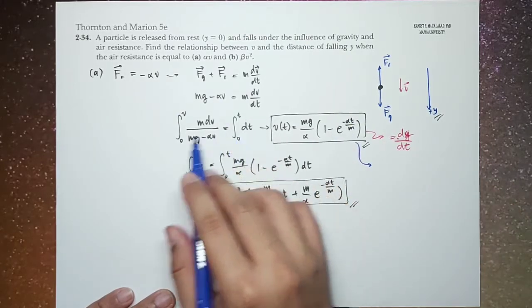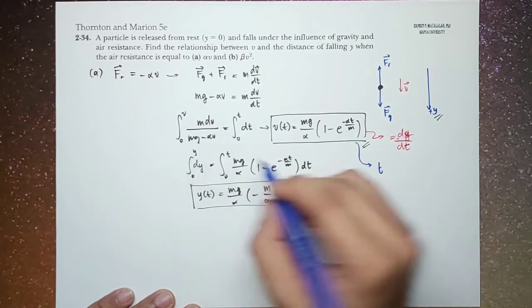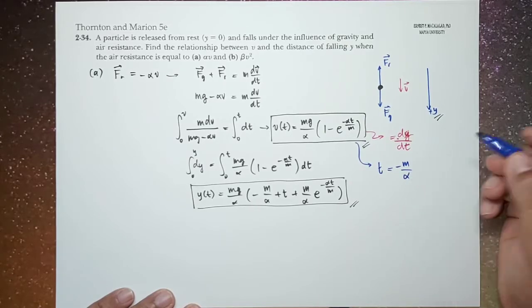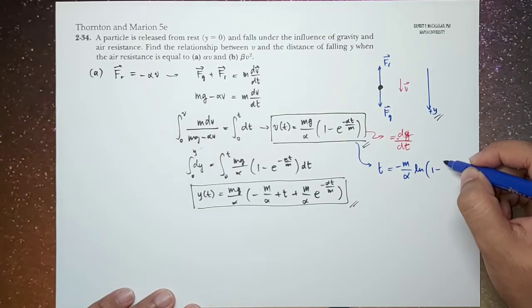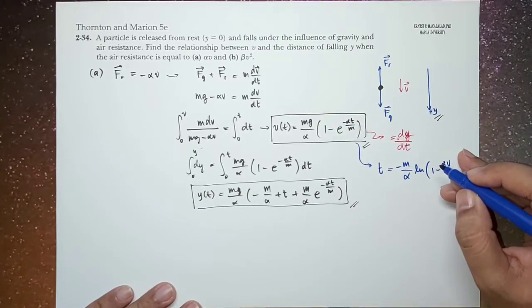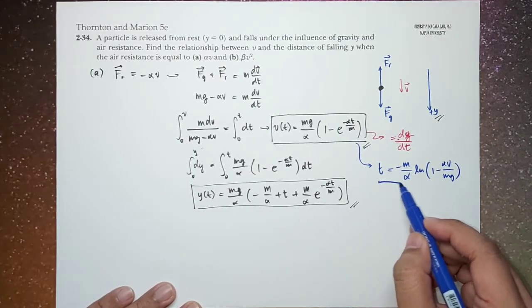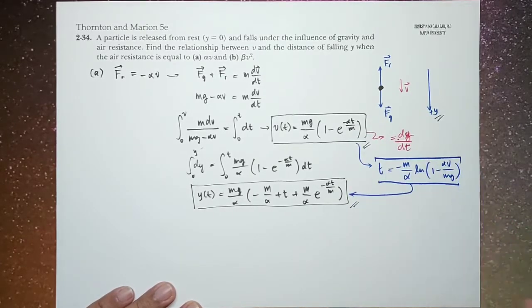So t will now be negative m over alpha times ln of 1 minus alpha v over mg. So we can substitute this expression for t here.